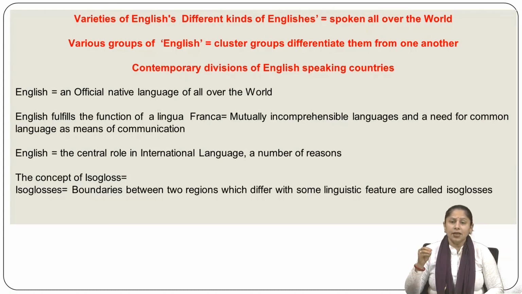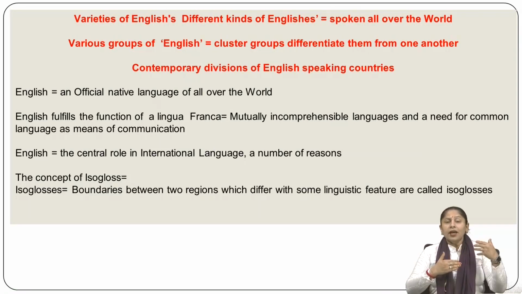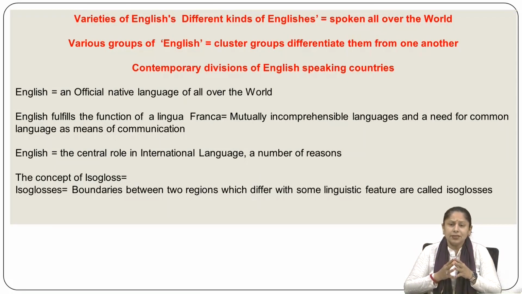In the same way, the English of Australia is quite similar to the English of New Zealand. So there are certain similarities as well as certain varieties, and in the same way, certain dissimilarities. All these are going to be studied here in this unit of varieties of Englishes.